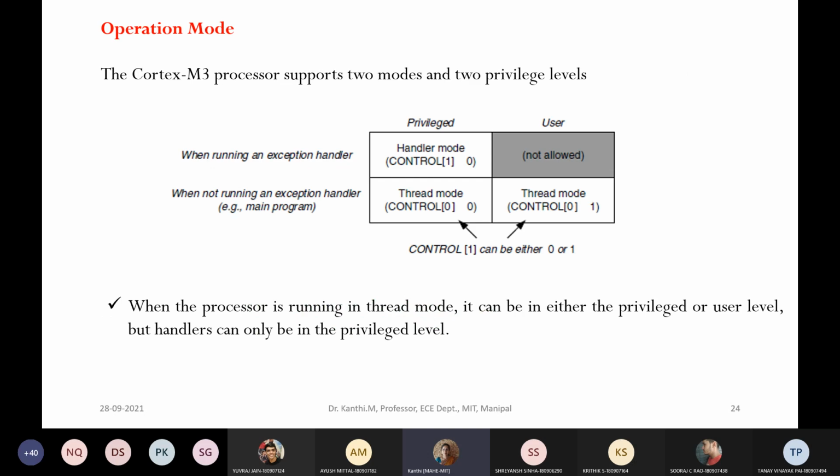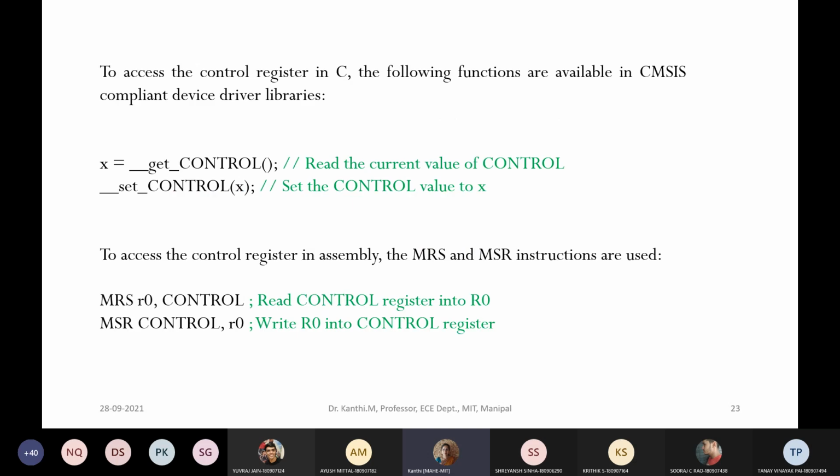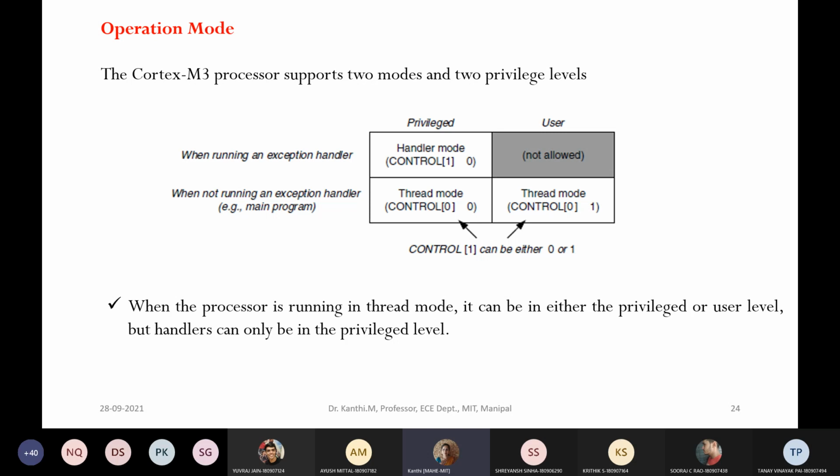I'm sorry, I was talking about control 1. It is used in the privileged mode, but in the user mode, it's a tri-state.